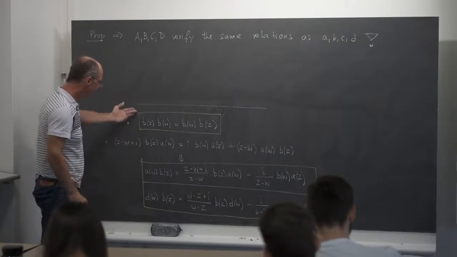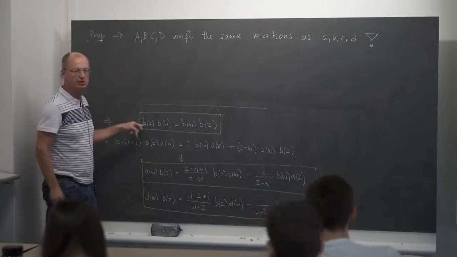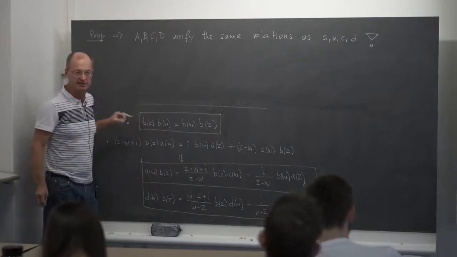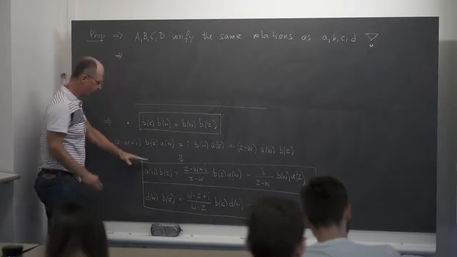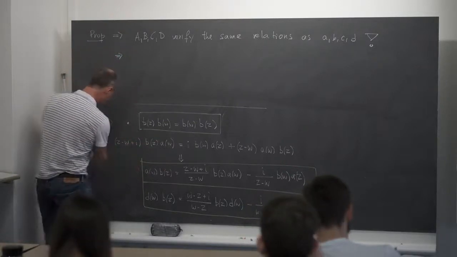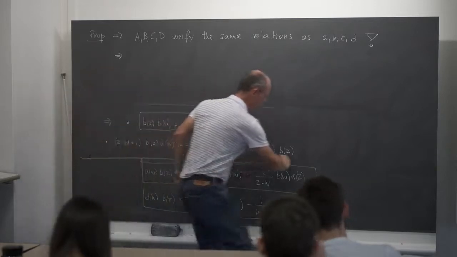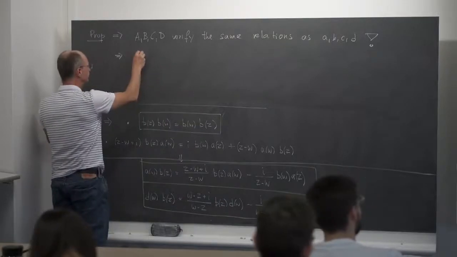In particular, in those relations you can exchange small letters for capital letters. I will not rewrite all of them, we'll keep them and later use them for capital A, B, C, D, but let me just rewrite two of them.